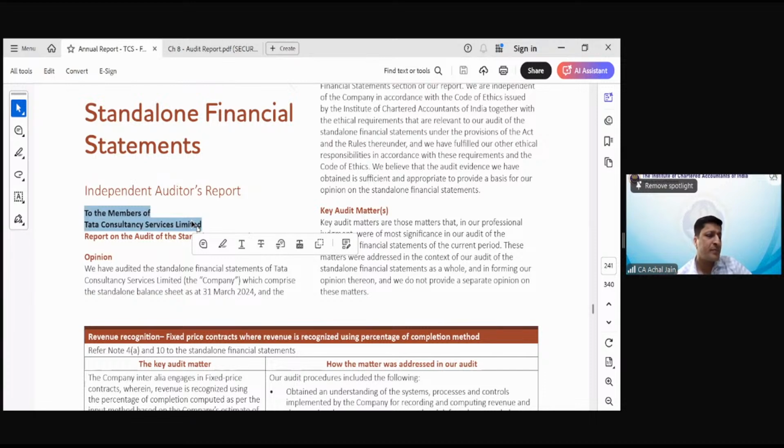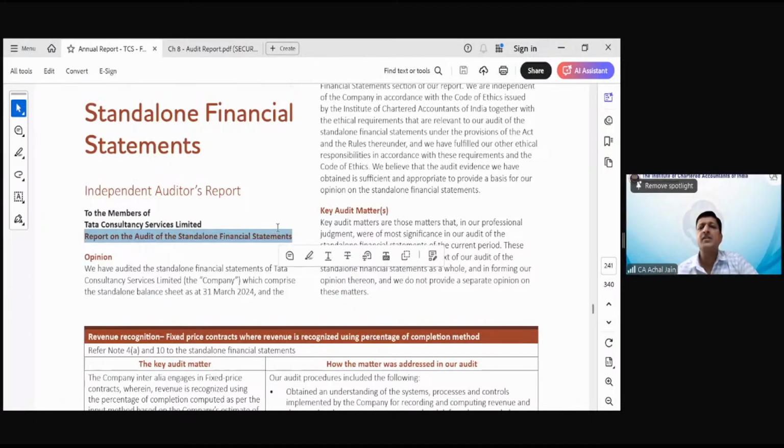Okay. Now, in this case, next is about this report. So now this report is on the audit of standalone financial statements. So this report is about the audit on standalone financial statements.